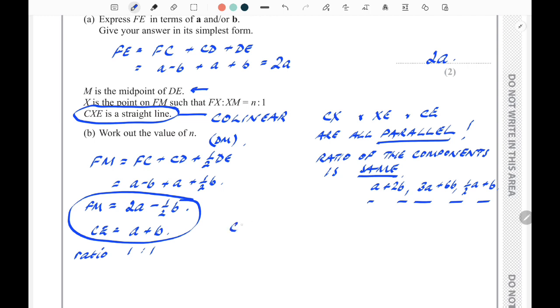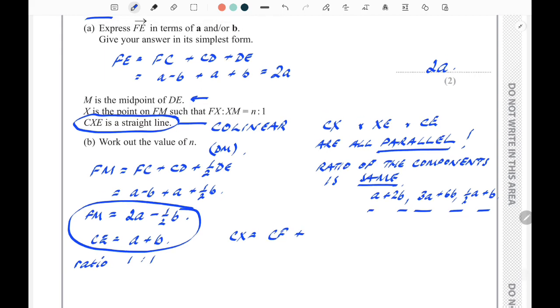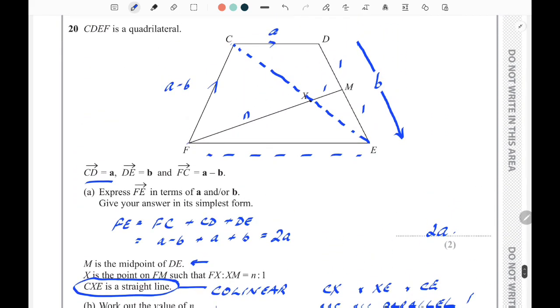So CX is going to be same as CF plus, and I better draw this out actually. Let's take this route, all right? So CF and then FX, all right, there.